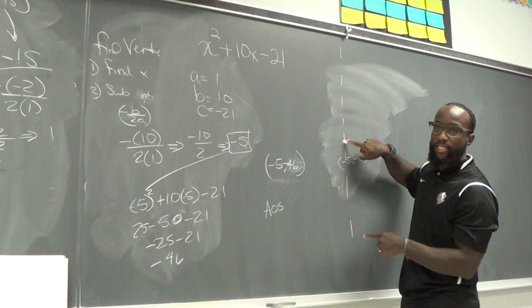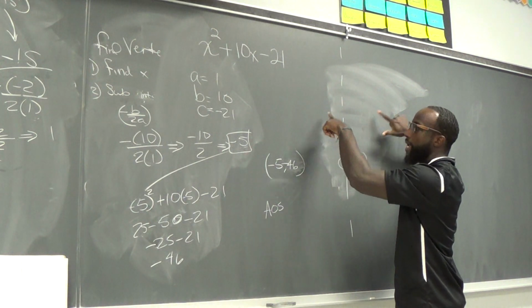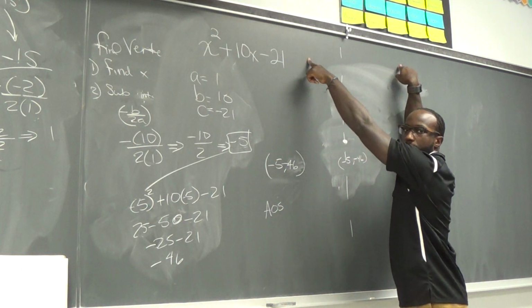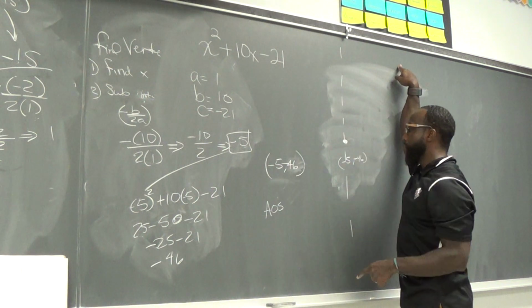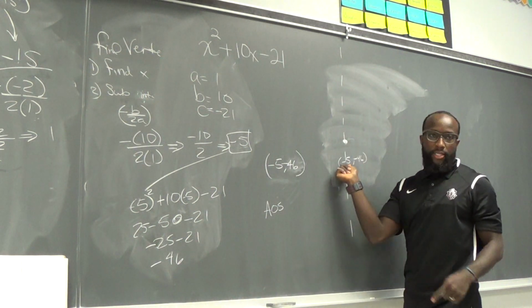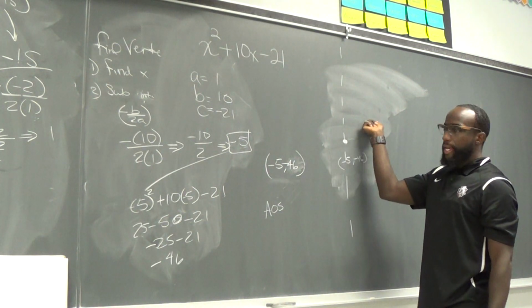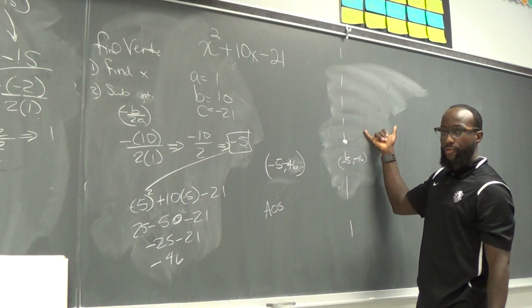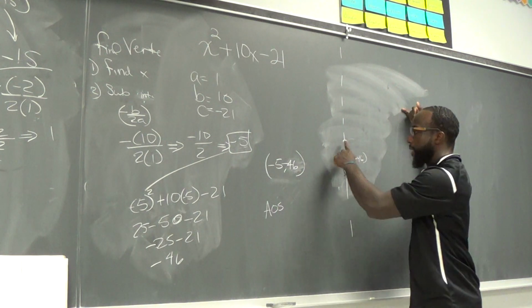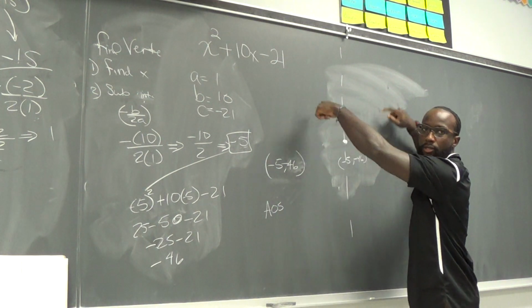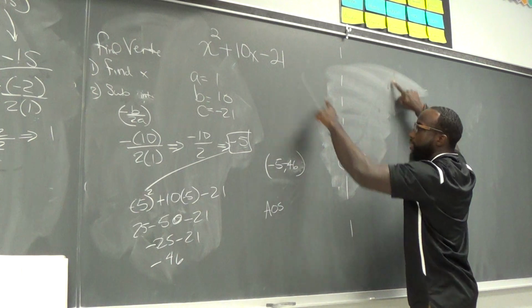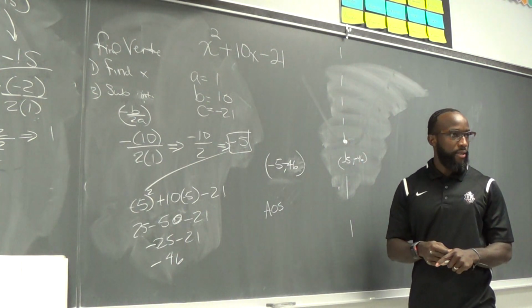Because this is the axis of symmetry, it moves the same way both ways. If your x starts at negative 5, you go the same way on each side: negative 4, negative 3, negative 2, negative 1, and then negative 6, negative 7, and so forth. Does everybody follow that?